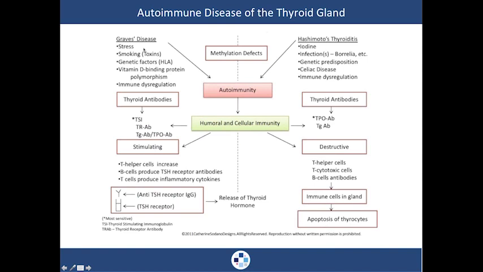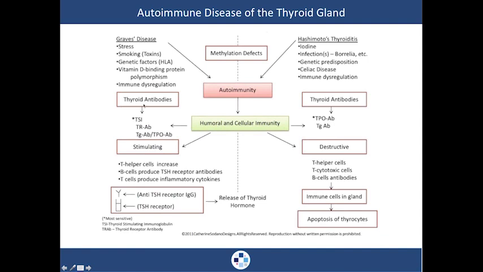On the other end of the spectrum, Graves' disease, conditions that will set that up in motion. Stress, toxins, genetic factors, problems with the vitamin D binding protein, immune system dysregulation. Now, certain bacteria, particularly Yersinia enterocolitica, can irritate those Th17 cells and are connected to this Graves' disease as well.